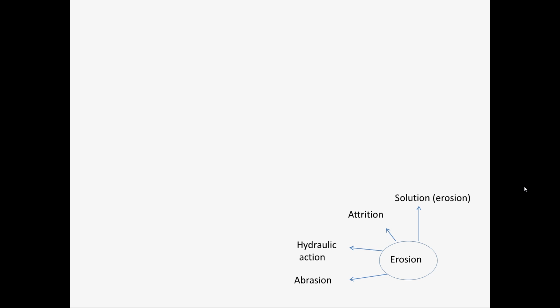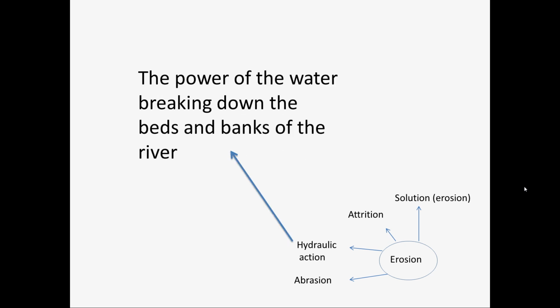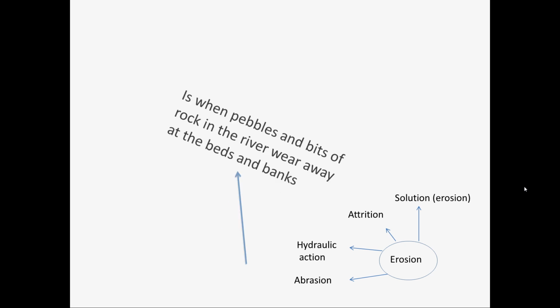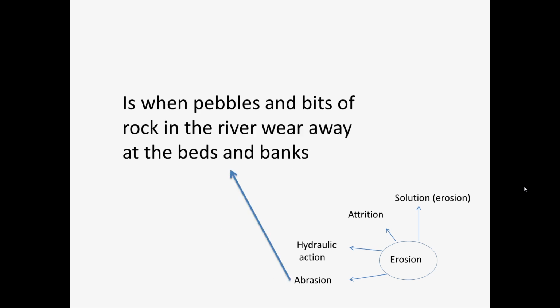So, erosion, our first subtopic. We've got hydraulic action, which is the power of the water breaking down the beds and the banks of the rivers. Next we've got abrasion, which is when pebbles and bits of rock in the water wear away at the beds and the banks.